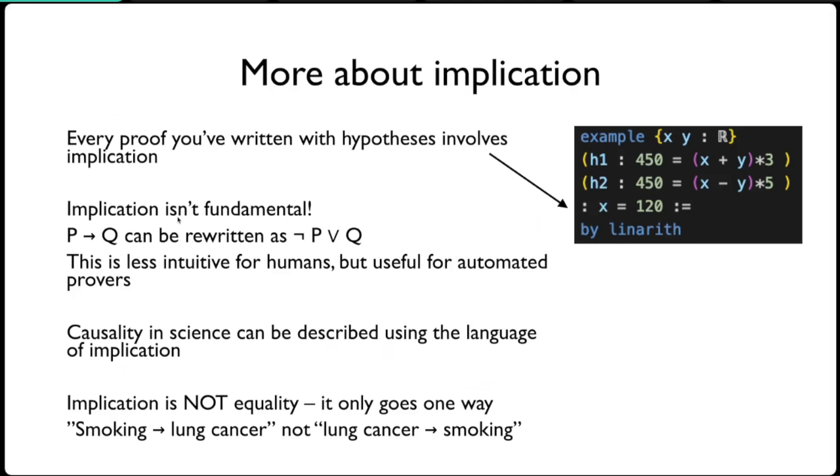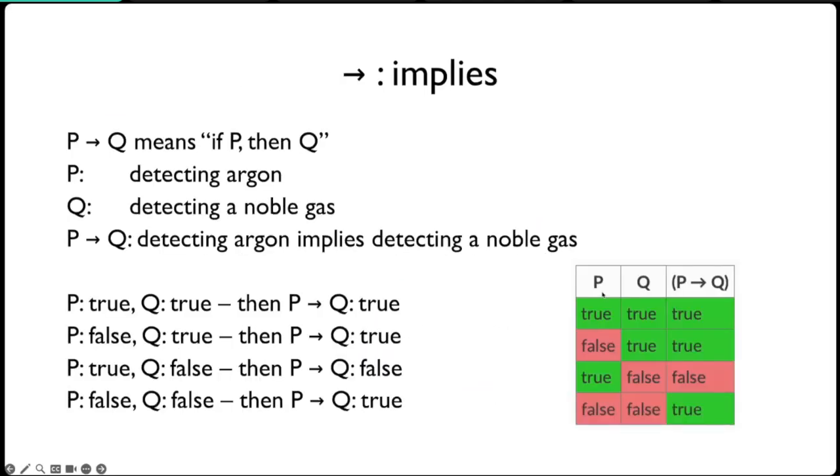The other curious thing is that P implies Q is not fundamental. I can actually use the three previous cases. I can use and, I can use or, and I can use not. And if I'm just using not P or Q, I can actually construct the same truth table as I get from implies.